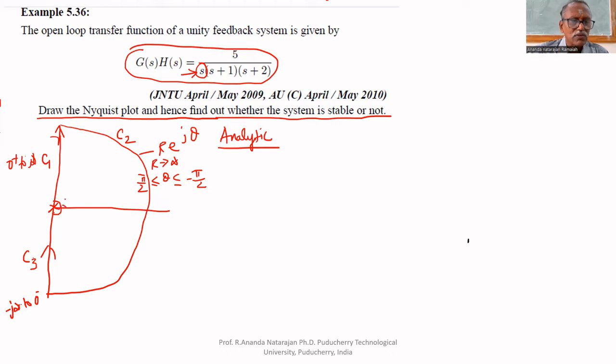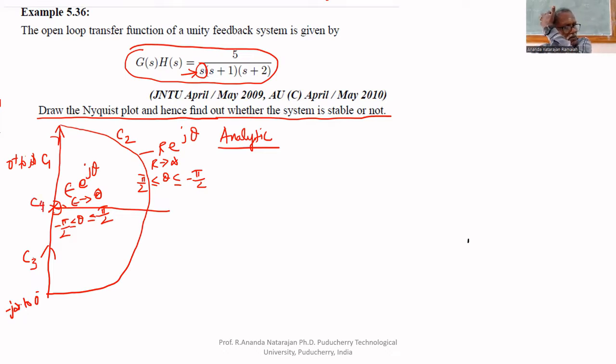Similar to C2, its radius is epsilon e power j theta, where epsilon tends to 0 here, whereas there R tends to infinity, and theta varies between minus pi by 2 to pi by 2. That is the difference. So this segment is called C4.